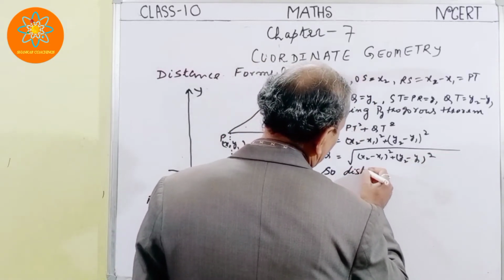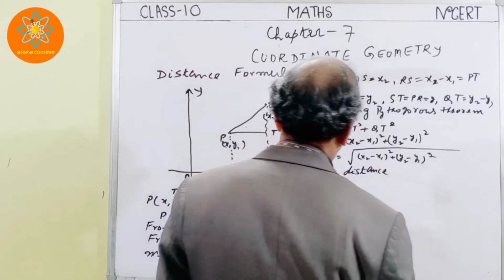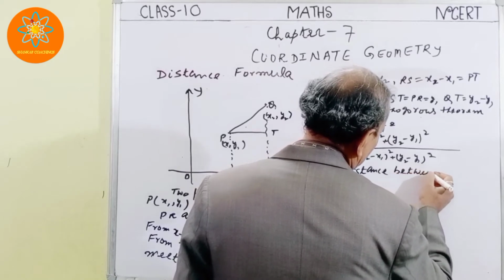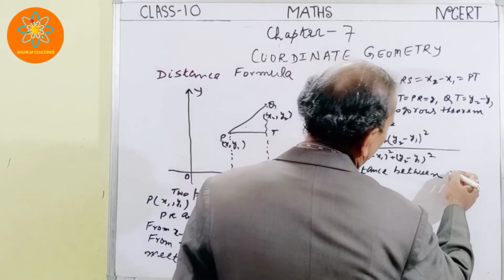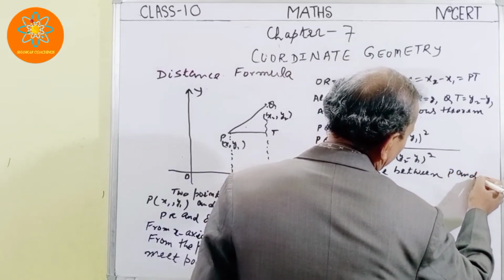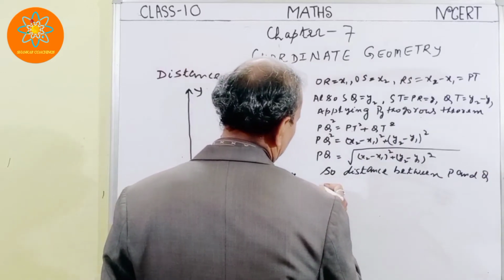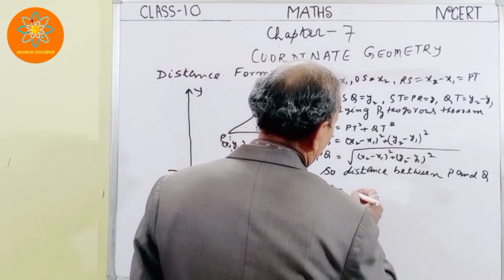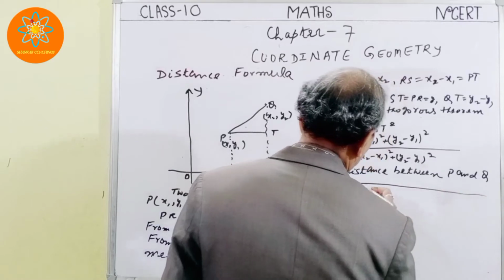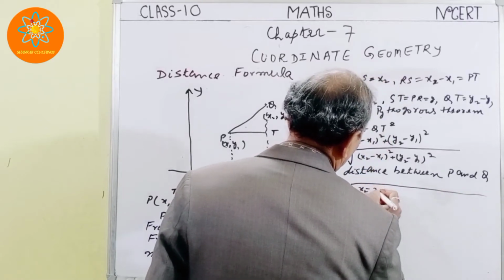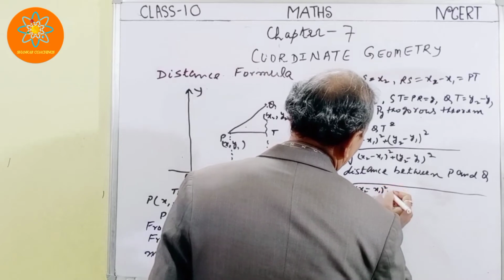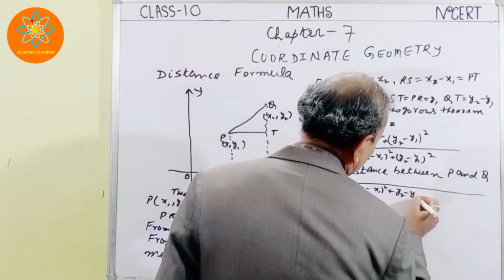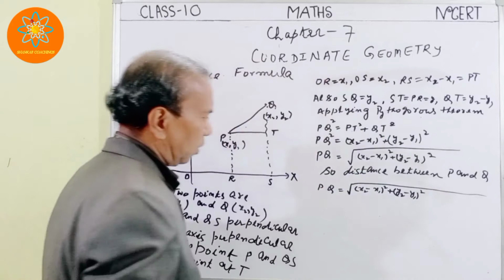So the distance between P and Q is PQ equal to under root of x2 minus x1 whole square plus y2 minus y1 whole square.